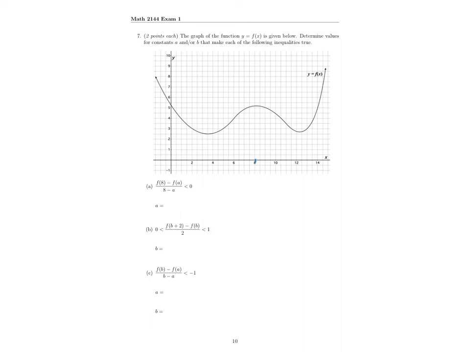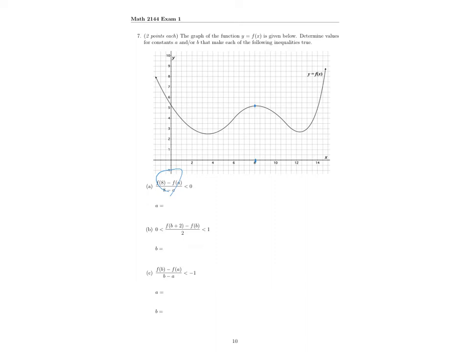this is going to be the slope of some secant line between 8 and some other value. So really we could pick any value of a between 8 and, looks like 12, something like that.